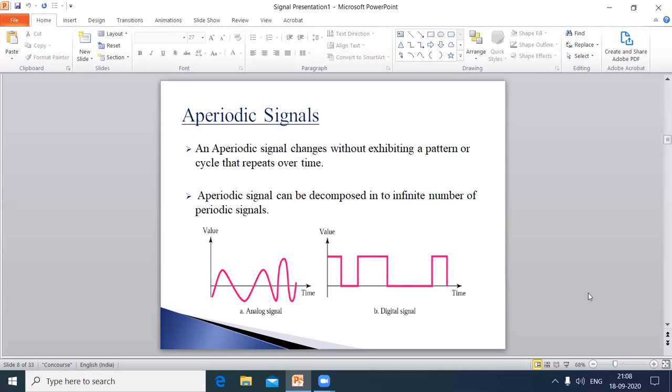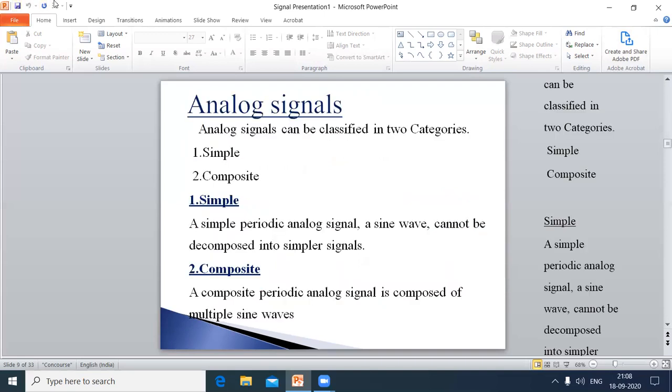Okay. It is a very important topic in signals, analog signals. Analog signals can be classified into two categories: simple and composite signals.